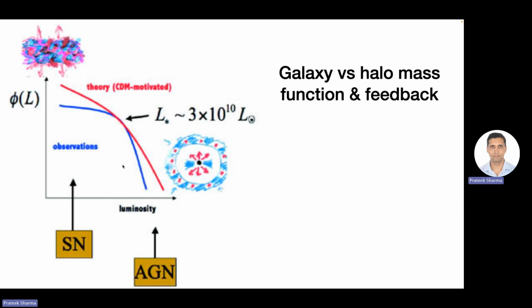Feedback is the process of energy injection by supernovae and by AGN, these supermassive accreting black holes, which prevent star formation in their halos. So putting together this luminosity function allows us to connect these observations with theoretical understanding of galaxy formation.